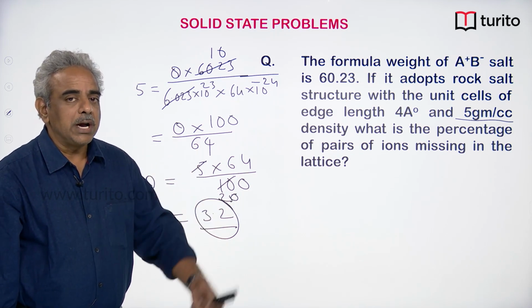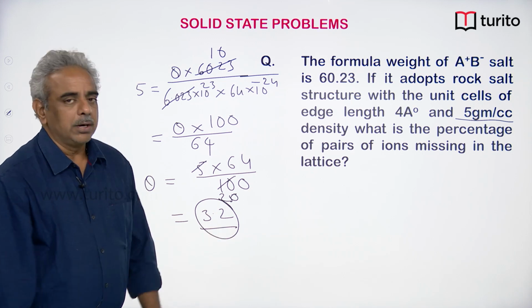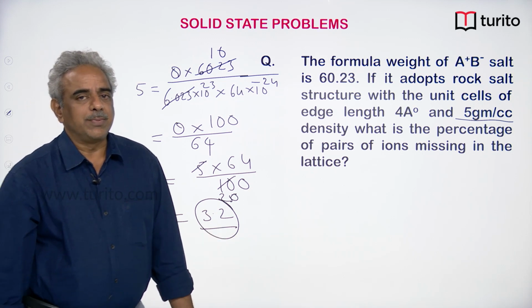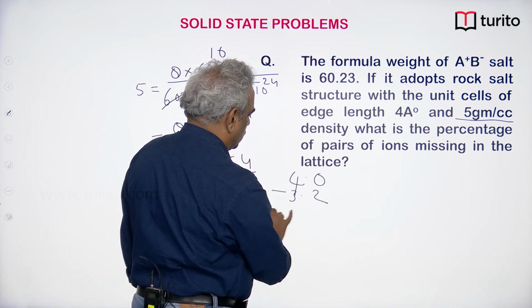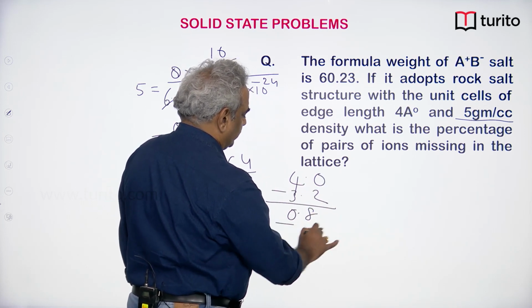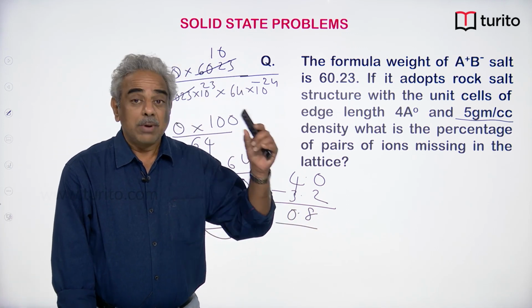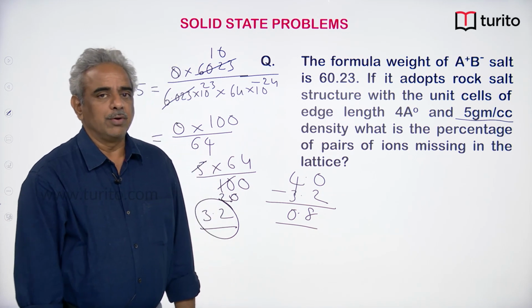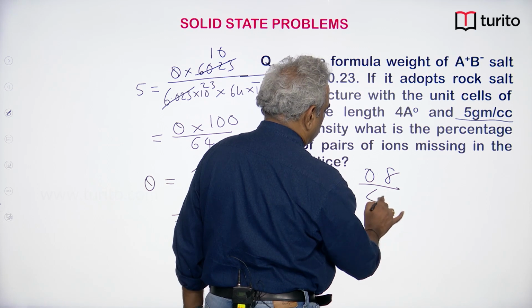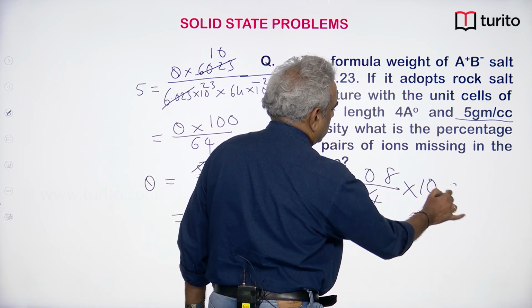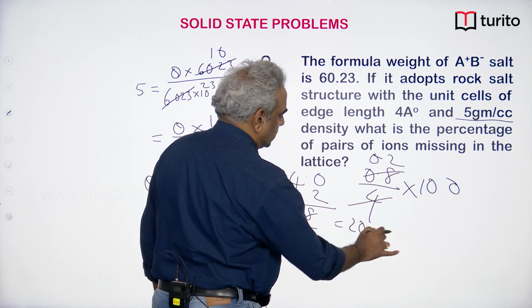What is the expected number of ion pairs? 4, no? So, how much I got? 3.2. How much is missing? 4.0 minus 3.2, 0.8. So, 0.8 formula units are missing out of 4 formula units. So, what is the percentage? 0.8 by 4 into 100. This goes 0.2 times, I am going to get 20%.